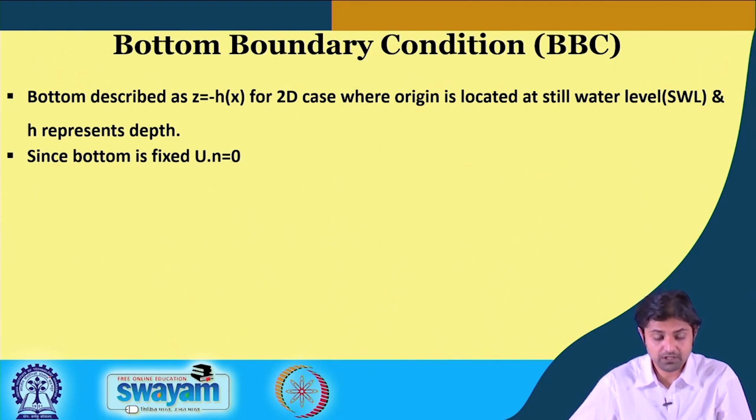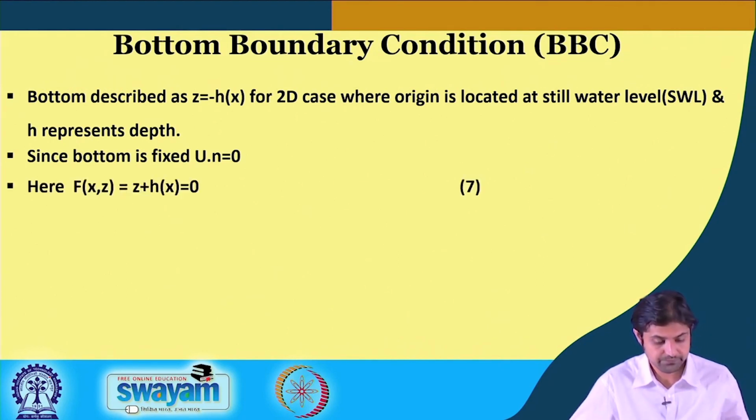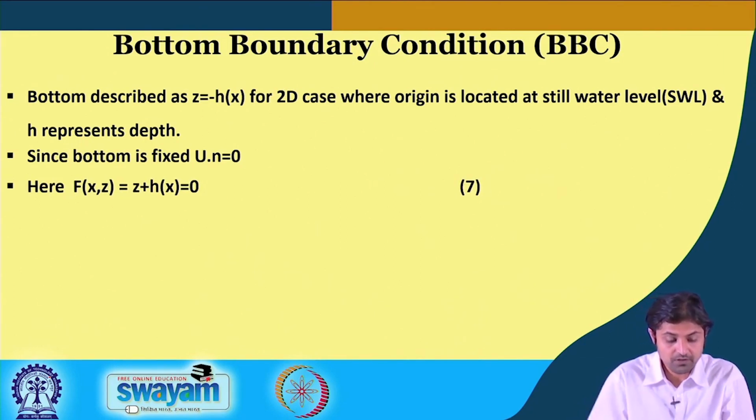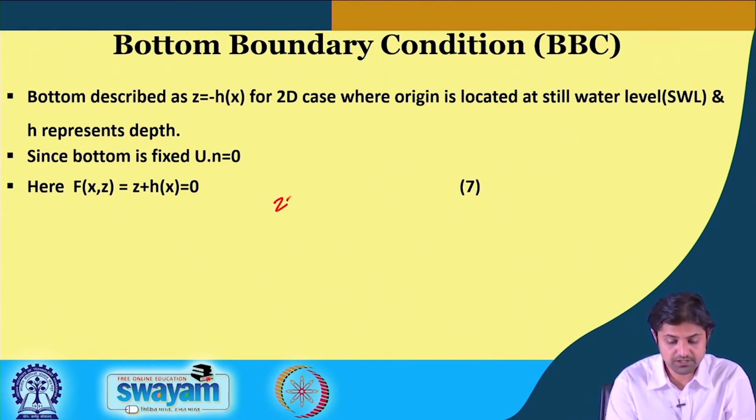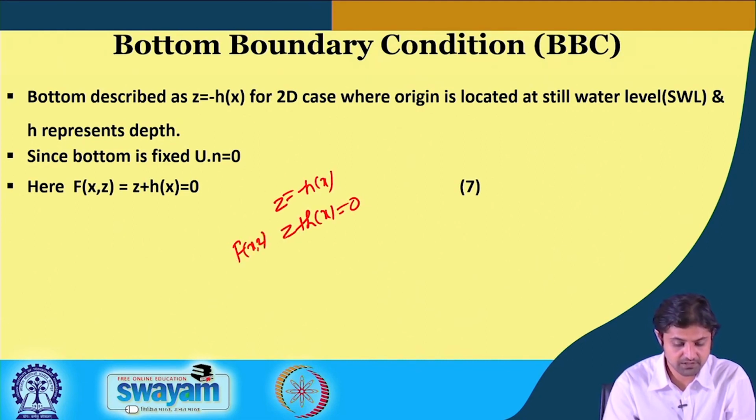Since from the boundary condition we see the bottom is fixed, u dot n is going to be 0, which we have seen in the previous lecture. We can write the surface equation, z is equal to minus h of x, as z plus h of x is equal to 0, and we call it the function f of x and z.